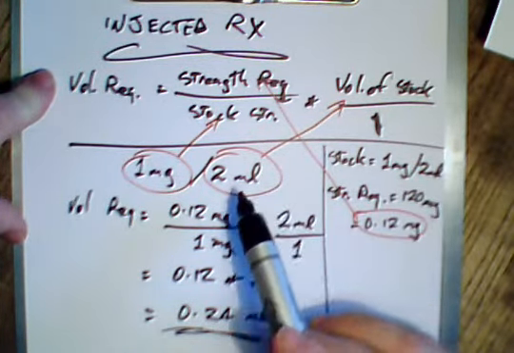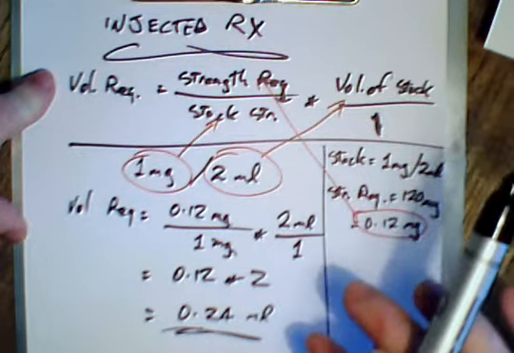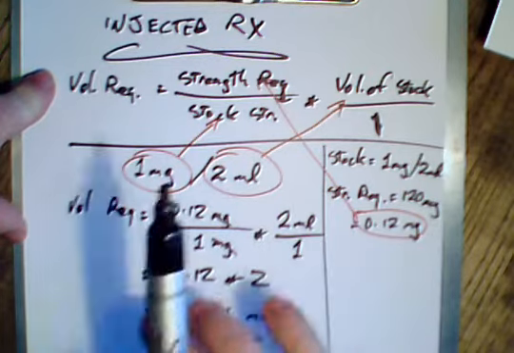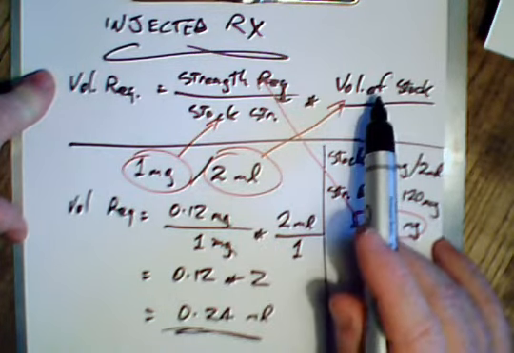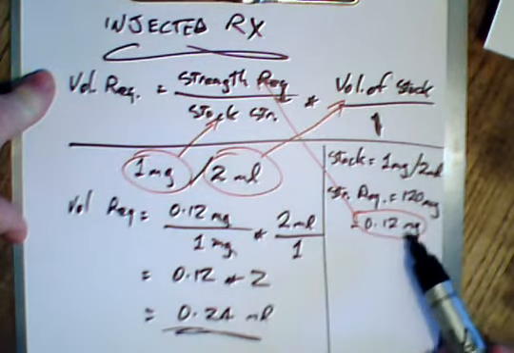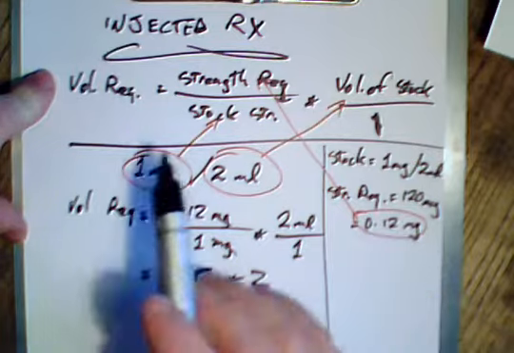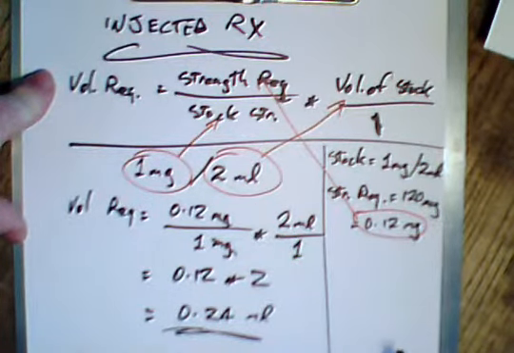So it may be mostly water, but it's containing 1 milligram of the material you're after. And the strength required is the one that is given for you to then determine the volume required.